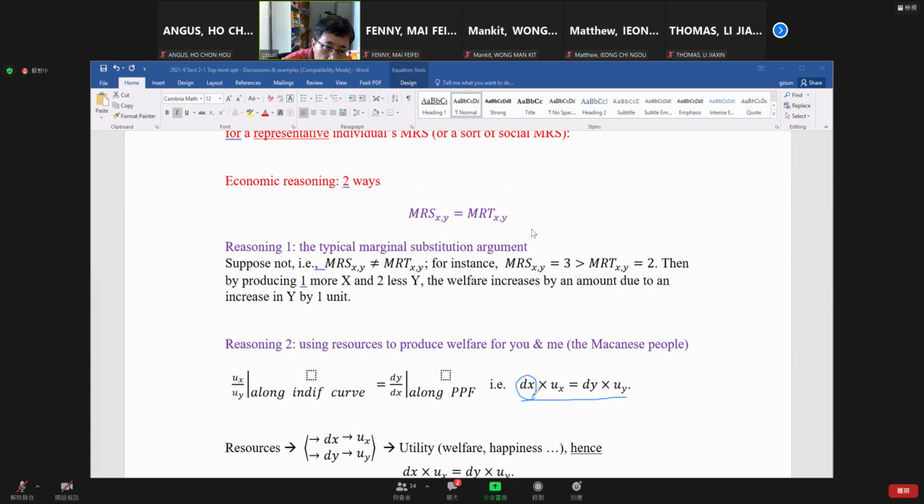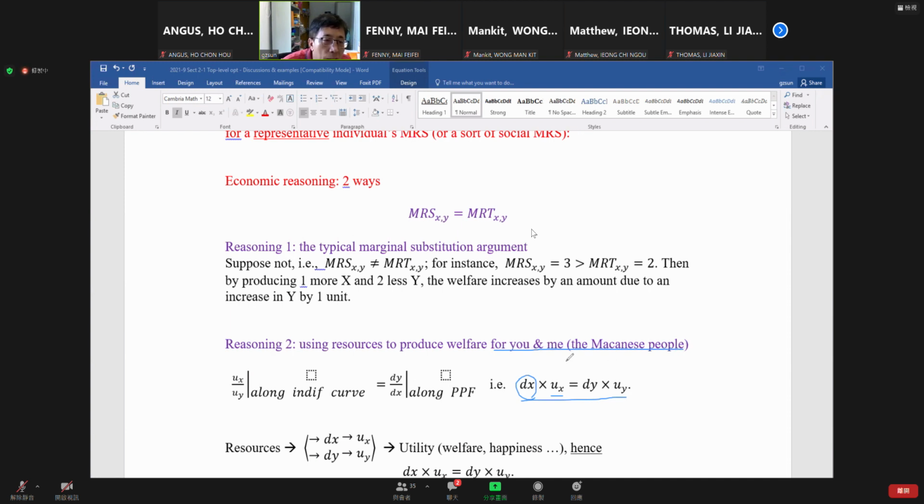Then this is the change in X. This is the marginal utility of X. So therefore, if we produce more X, we can produce more utility, more welfare, more happiness for the people, for you and me, for everybody.